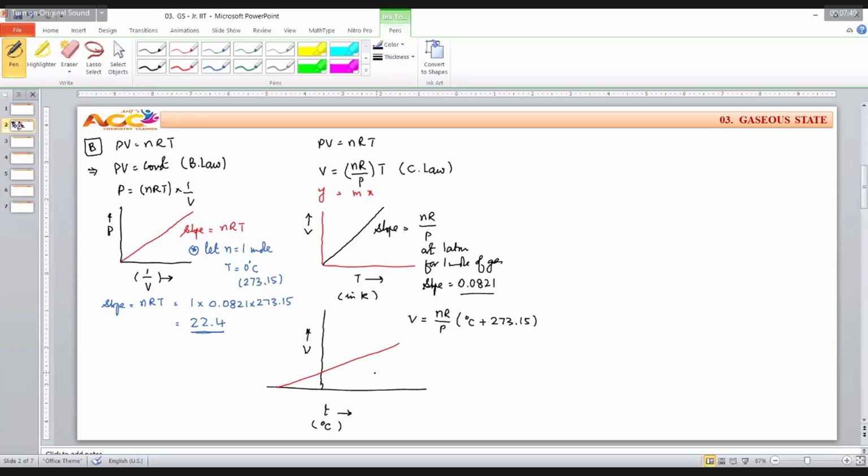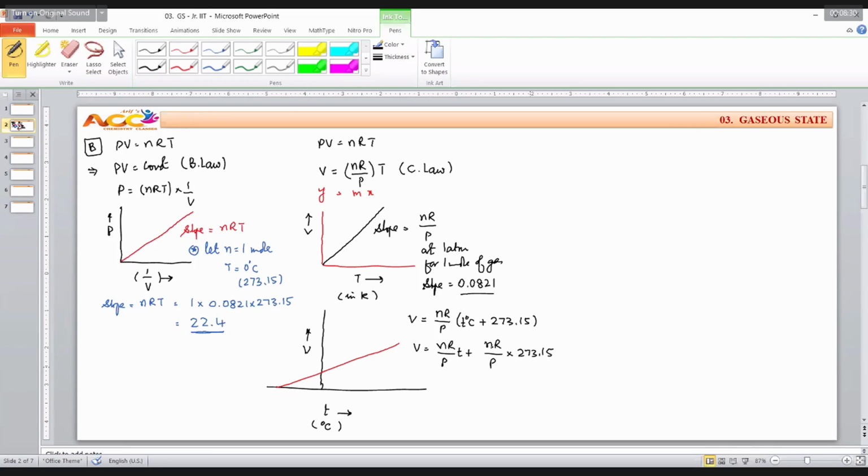Now, if I take this equation, V is equal to nR by P plus nR by P into t. Now this t in degree centigrade may be some temperature, say for example 80 degrees centigrade. So when we are discussing this here, V is equal to mx. Is it not mx? Yes, mx plus nR by P into 273.15.